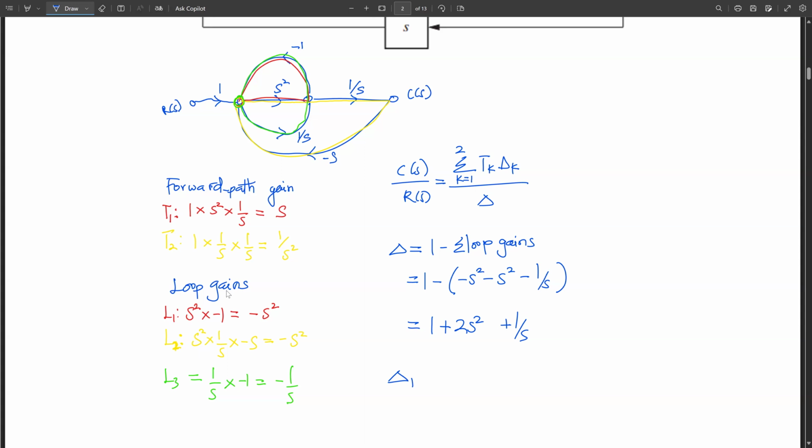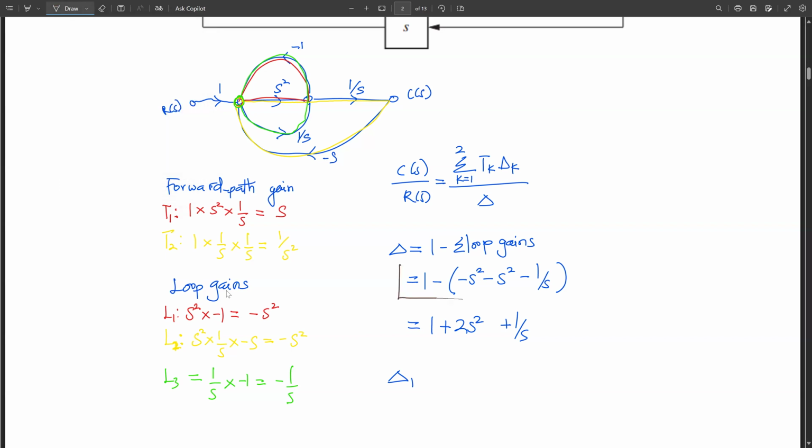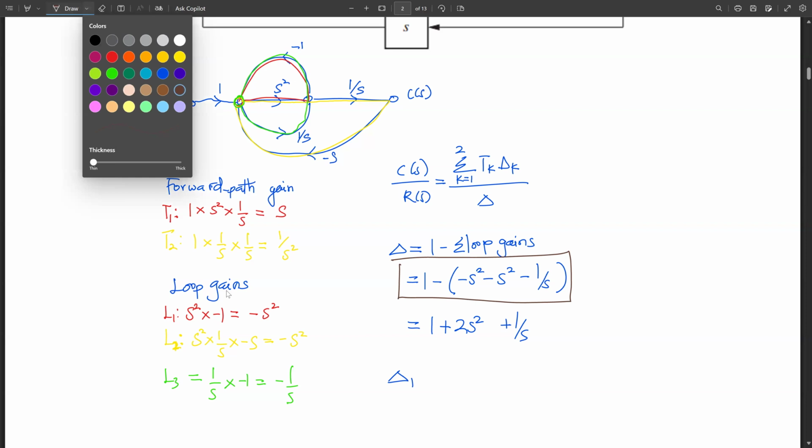And then the yellow loop also has common nodes with the first forward path. So hence we take all of them out from this delta right here. So right now I need you to focus on this term right here. Right. So since we said that the red loop touches the first forward path, we take that one out.